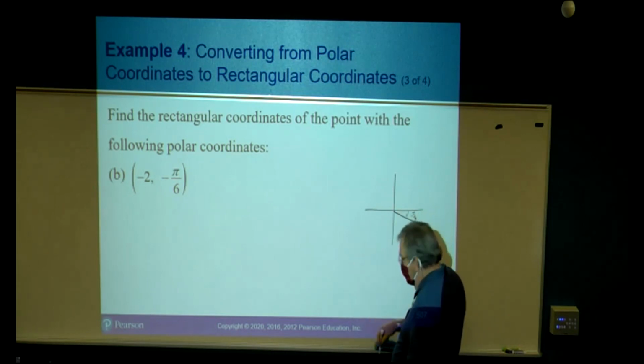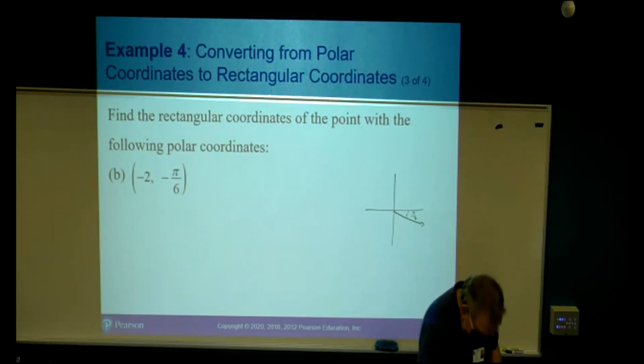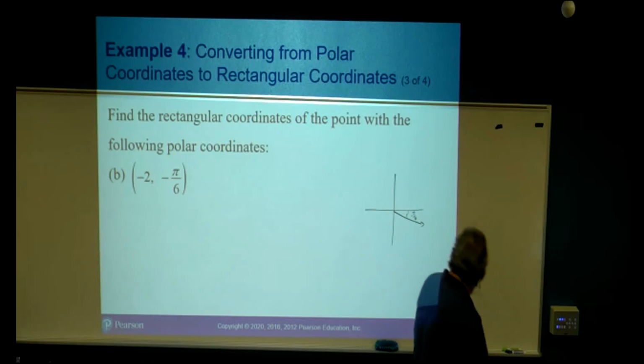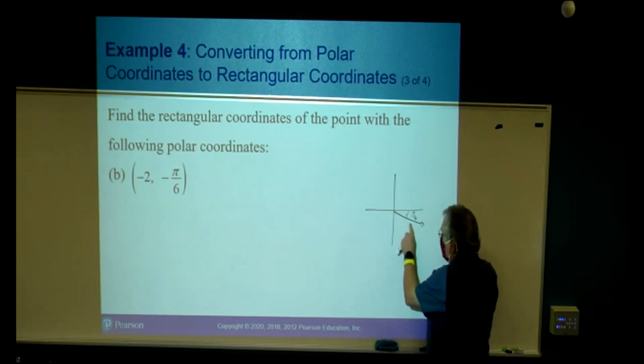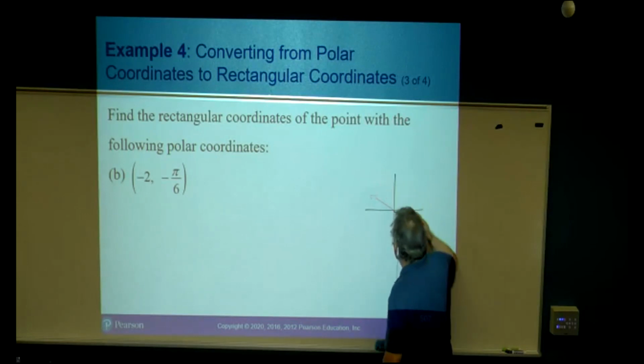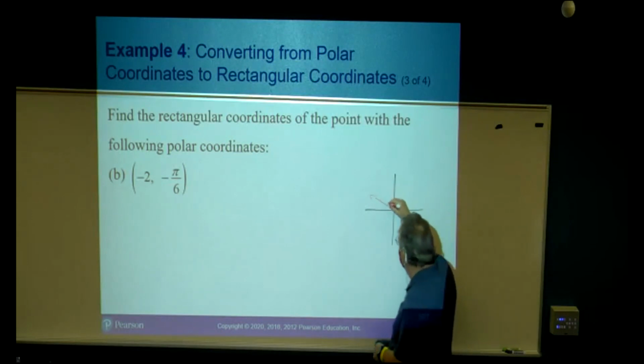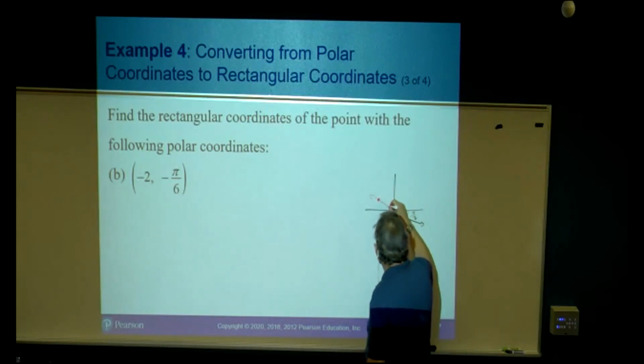But my radius is negative. So that means I want to go in the opposite direction of this angle, which is over here. And I want to go negative 2 along that. So this is the point, negative 2, negative pi over 6.